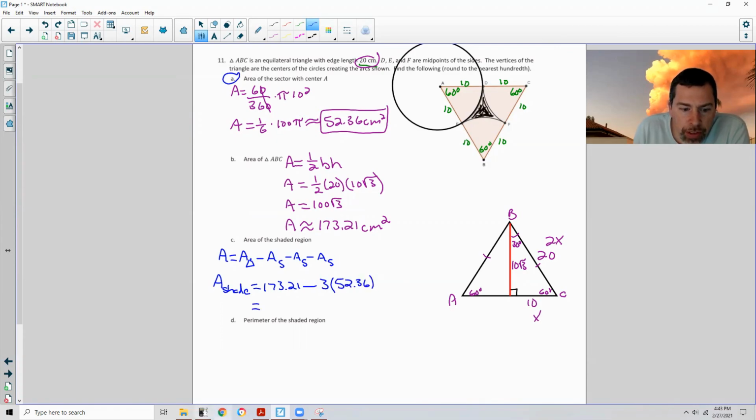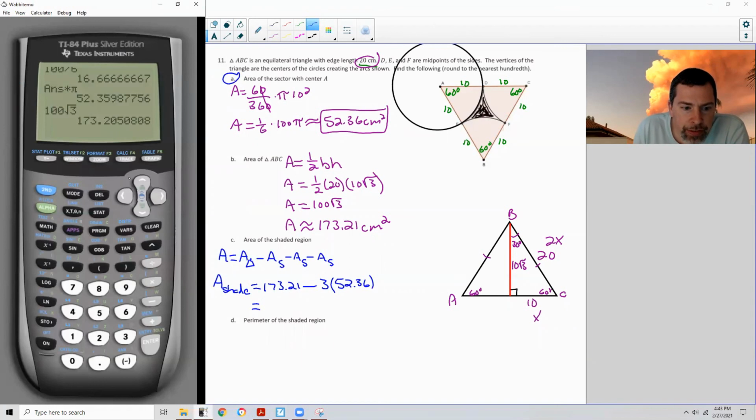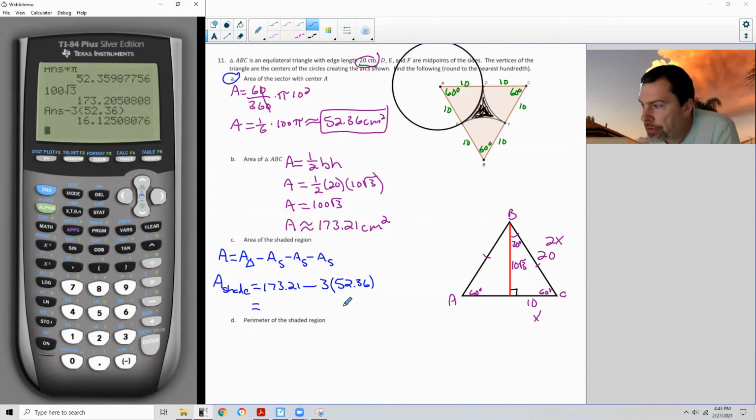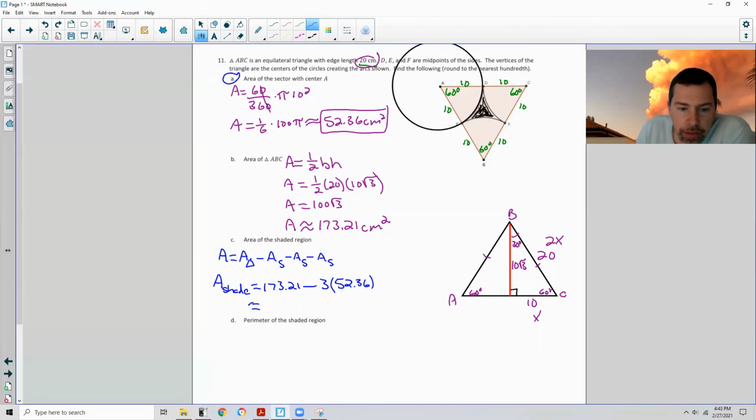So that is going to become this minus 3 times 52.36, and that will give me 16.13. And that's an approximation. 16.13 centimeters squared.